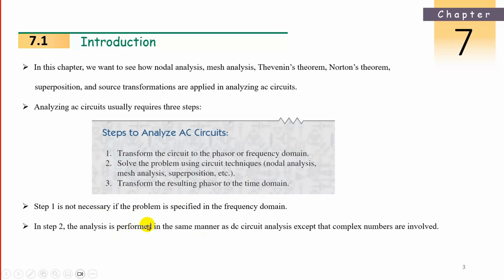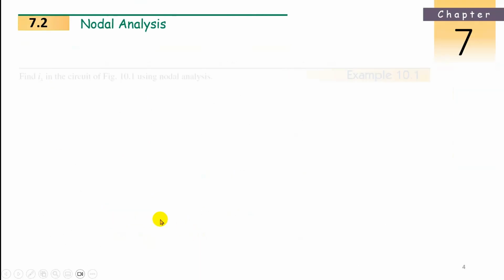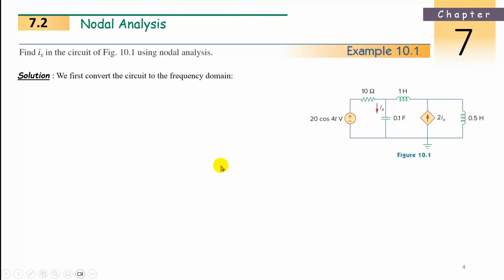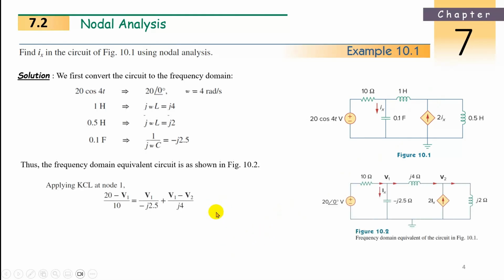Node analysis we already finished in the previous lecture. We transformed the sinusoid, cos of 4t and all of this, into phasors. Then we had nodes, node 1 and node 2, wrote the equations, and found the result in polar form, that is the frequency domain form. Then we converted back into sinusoid.